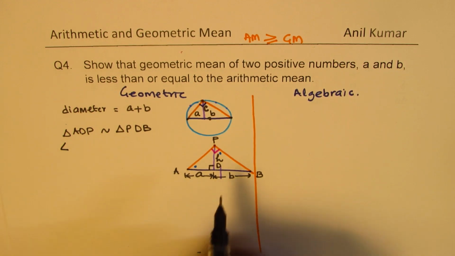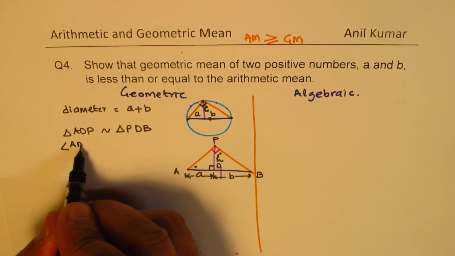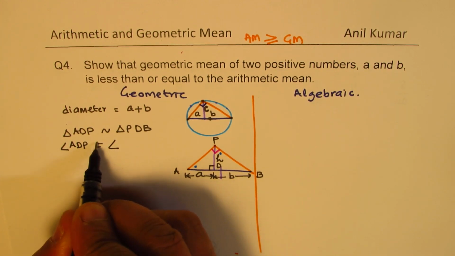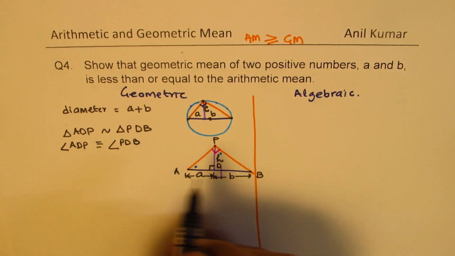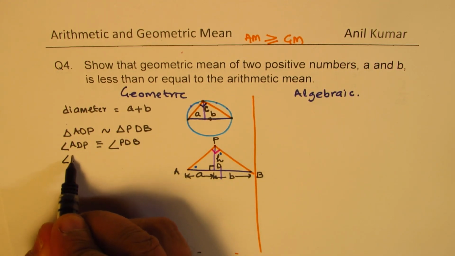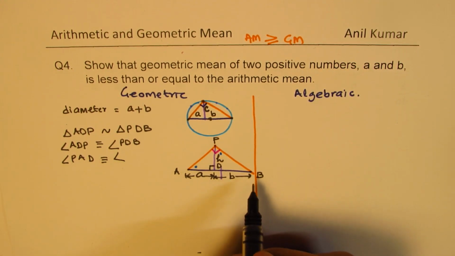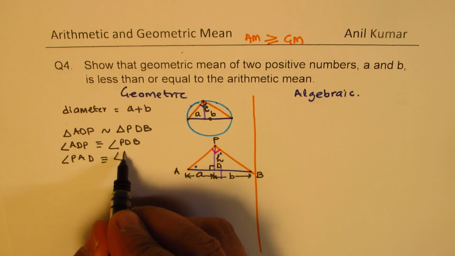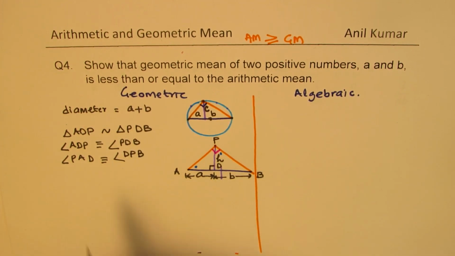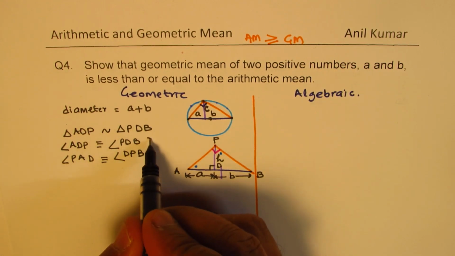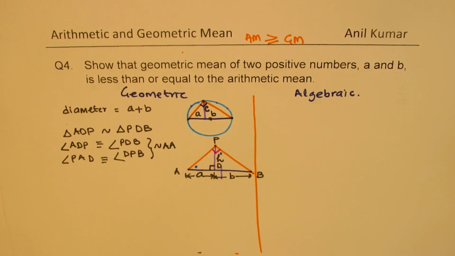Since the angle ADP is congruent to angle PDB and the angle PAD is congruent to angle DPB, both are the same angles. So from the AA property, they are similar.